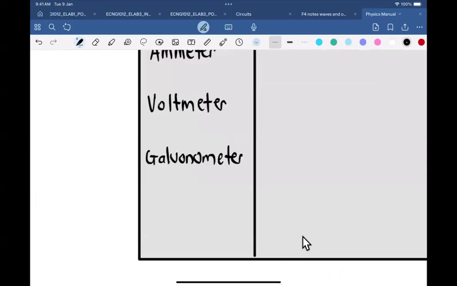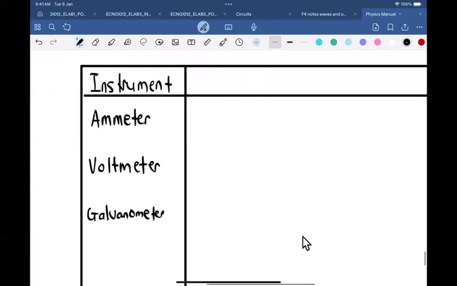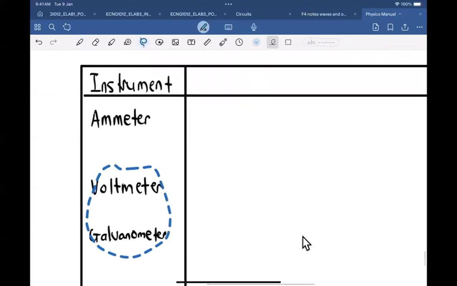Galvanometer. Right, so you have an ammeter, a voltmeter, and a galvanometer.